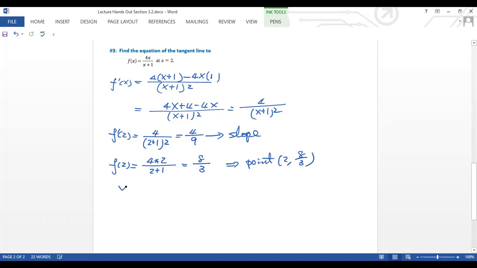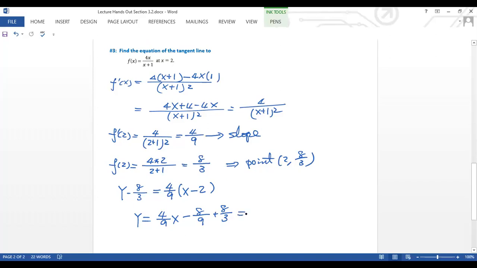So y minus y1, 8/3, is equal to the slope 4/9 times (x minus 2). All right, so that's it. And if you want to simplify, you can simplify. You can say y is equal to 4/9 x minus 8/9 plus 8/3.